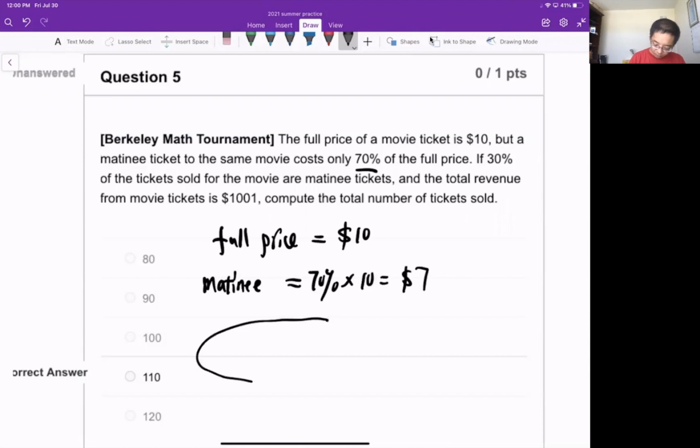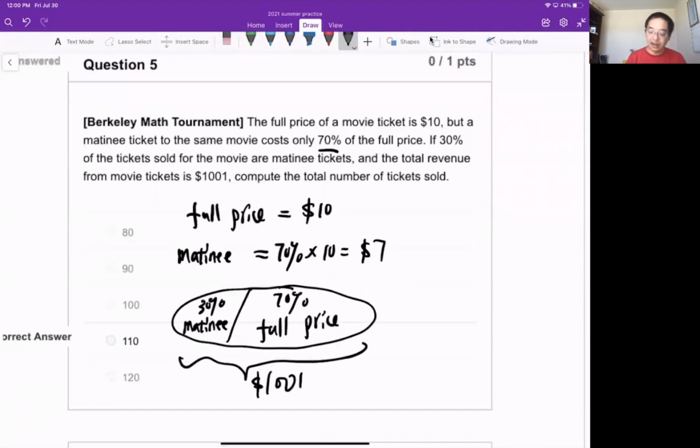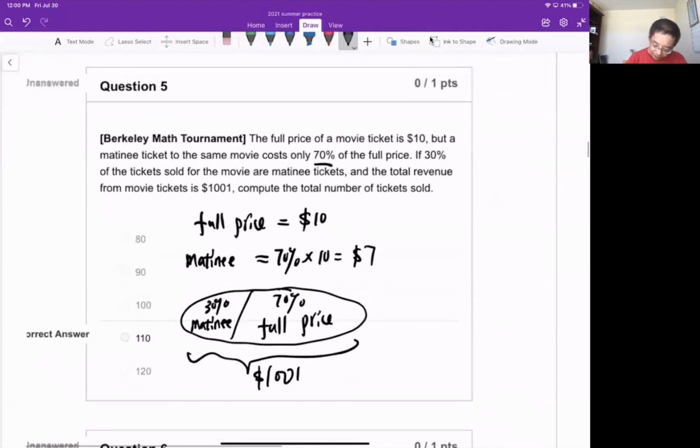They sold a number of tickets, and 30% of them are matinee tickets, and of course 70% were sold at full price. The total revenue is $1,001. The question is how many tickets are sold in total?